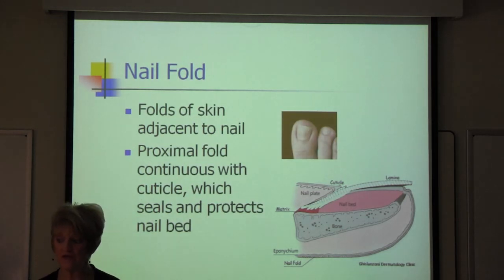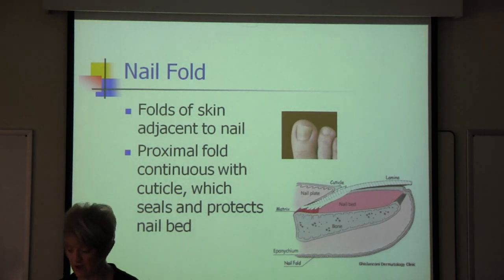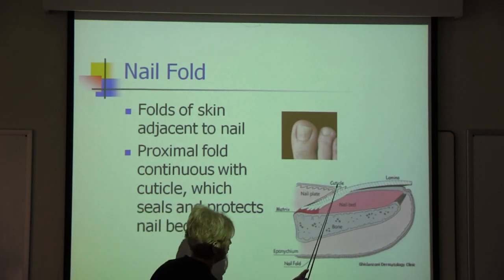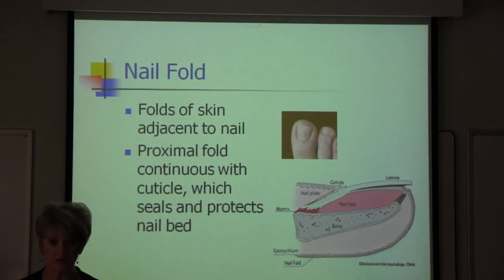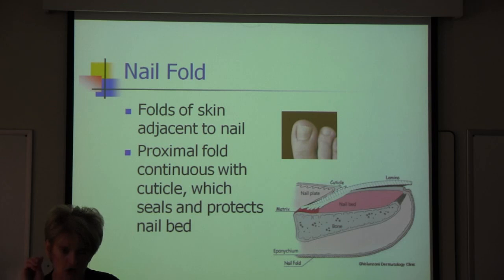The nail folds are the folds of the skin adjacent to the nail. We've already said that. Now notice that the proximal fold is continuous with the cuticle. The cuticle actually helps maintain a tight seal so that there's no penetration of bacterial organisms. So the cuticle is an important element of that barrier function.